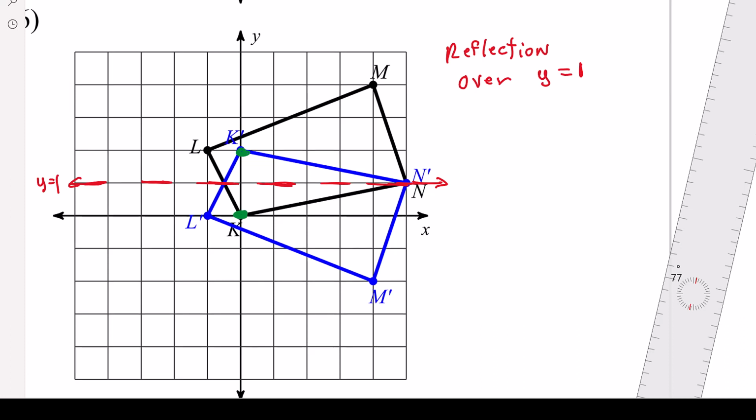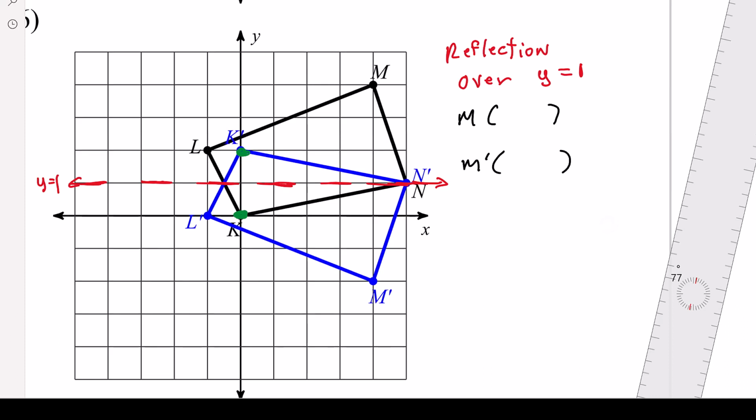Now let's look at the k. So that original k, oh, k is not going to be a good one to look at. Let's look at m, because it's 0, 0, so you won't be able to tell what you did. So let's look at m, and then m prime. Let's see if we can make up a rule.